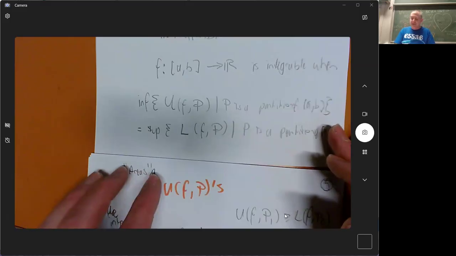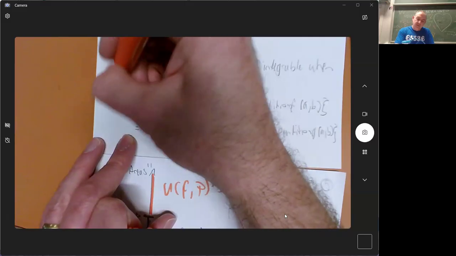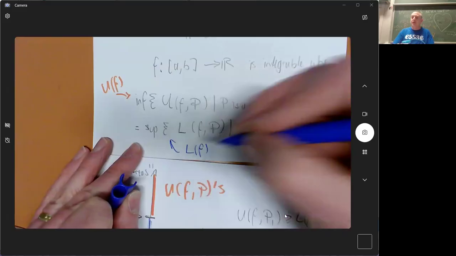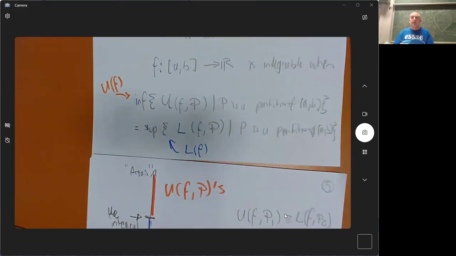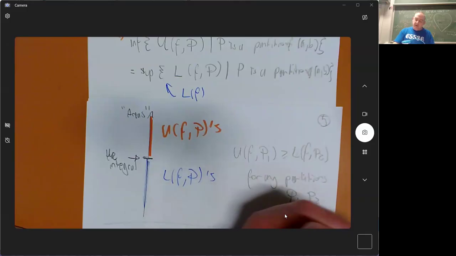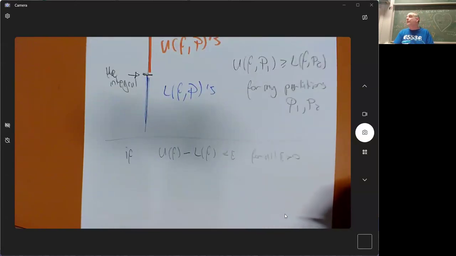Yeah, it's the U of F, so this is U(F), and this thing is L(F). So we're saying that if U(F) minus L(F) is less than epsilon for all epsilon greater than 0, then it's integrable. Yep.